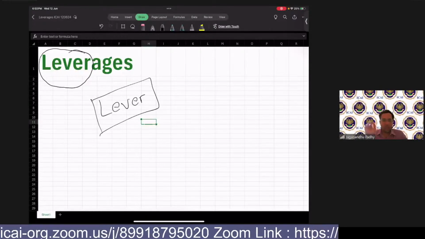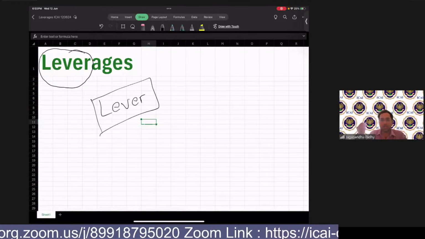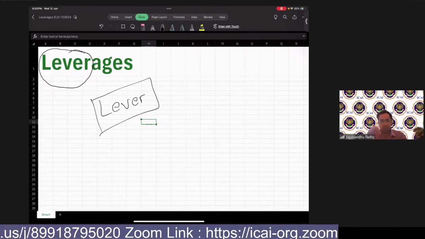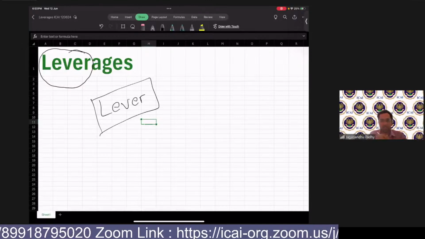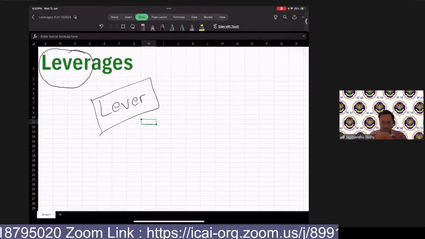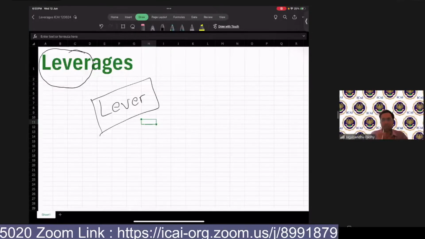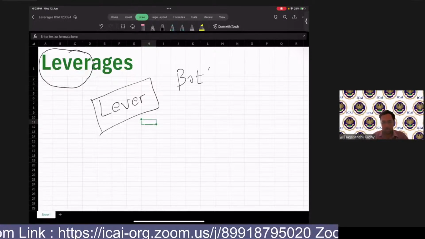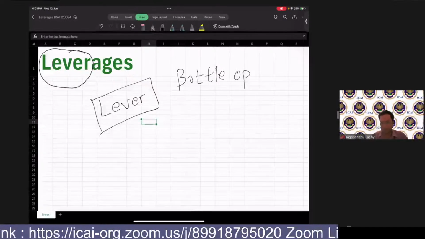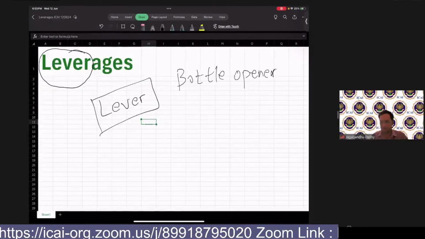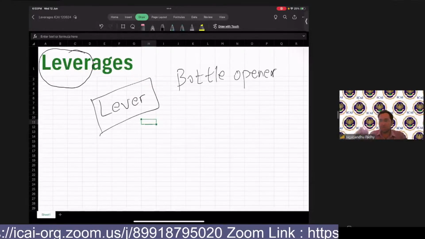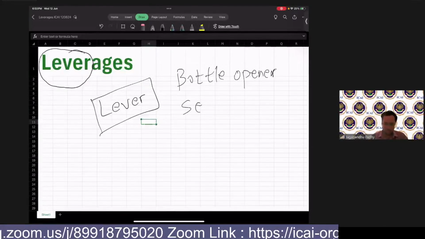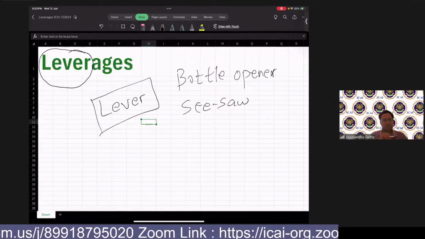I would like you to recall this term lever and the instrument of lever before we take forward what this term has to do with finance. Some examples you might have heard: one is a bottle opener, with which you open your drink or bottle. Another is a seesaw that you see in the garden.